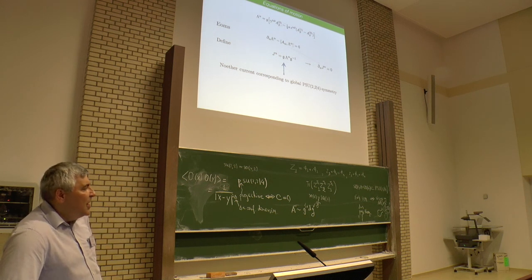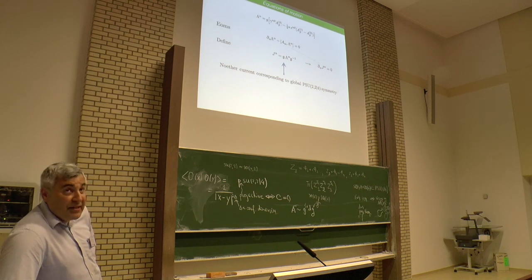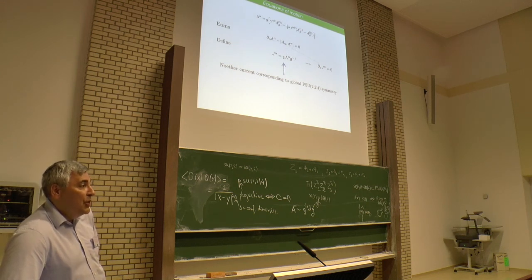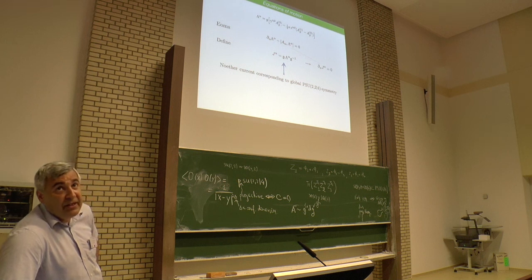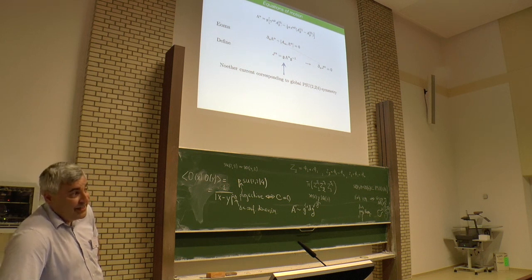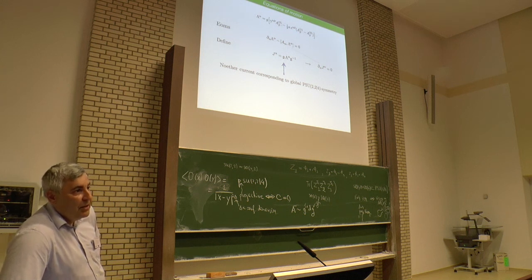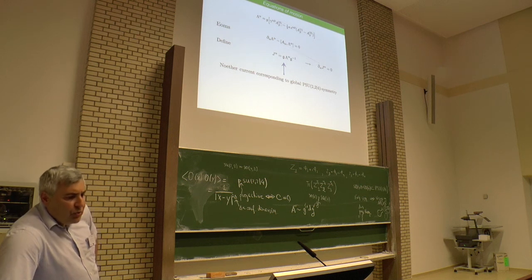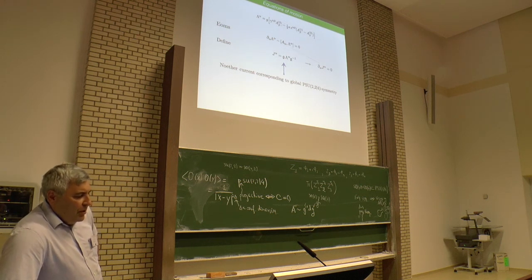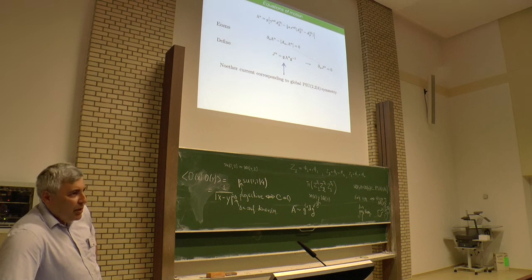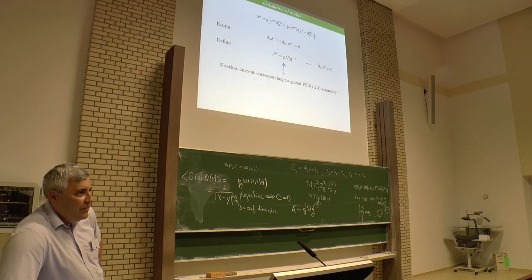Sure, the conjecture is that these theories are equivalent, and in the original conjecture they are equivalent even beyond the large N limit. They are supposed to be equivalent even for finite N. At least this is what the conjecture says. Yes, amplitudes constitute a very important verification point where you can also make progress in matching the quantities on both sides.